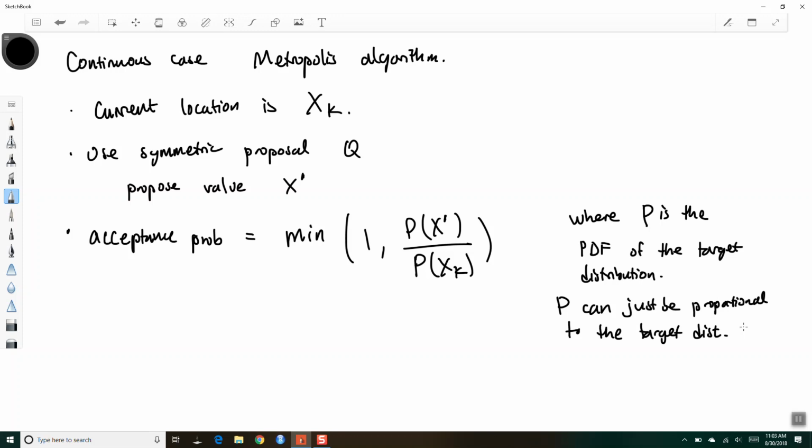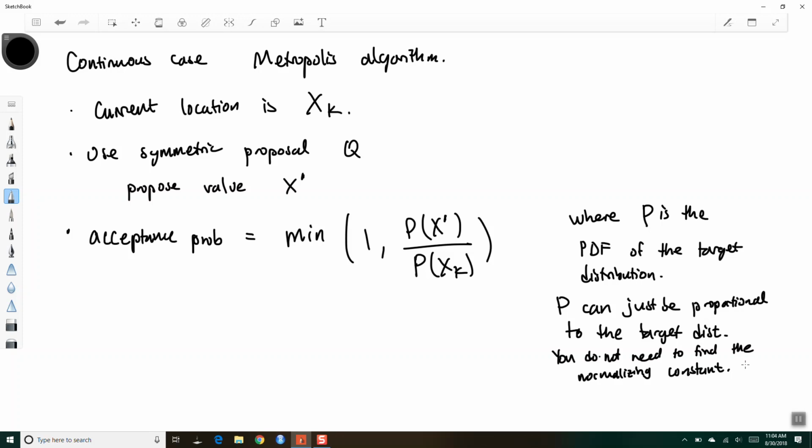Because that normalizing constant would appear in both the numerator and the denominator. So they cancel out. Okay, so p can just be proportional to the target distribution. So you do not need to find the normalizing constant. Okay, so this will be your acceptance probability.